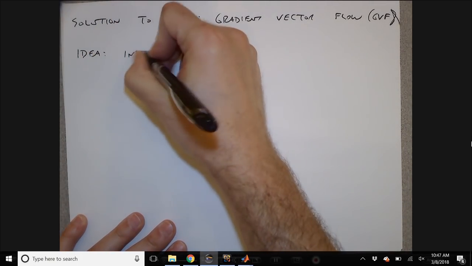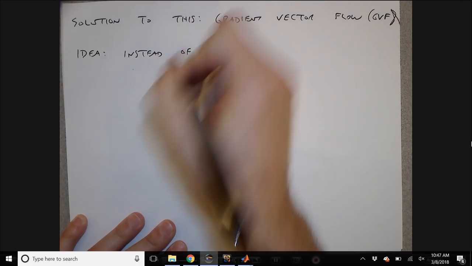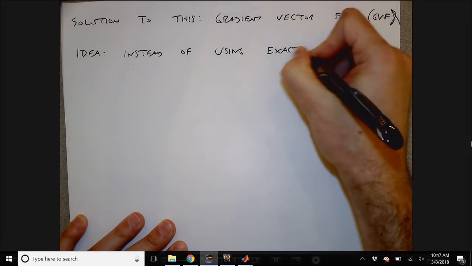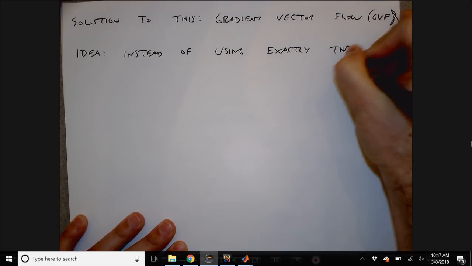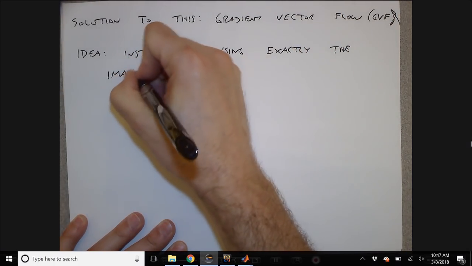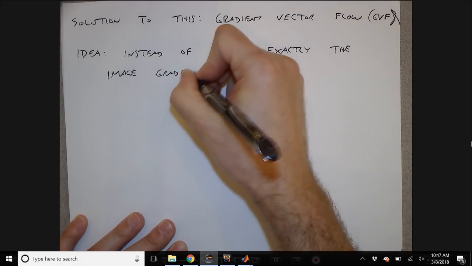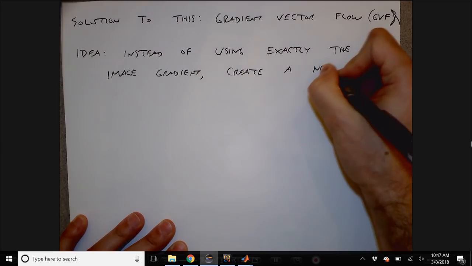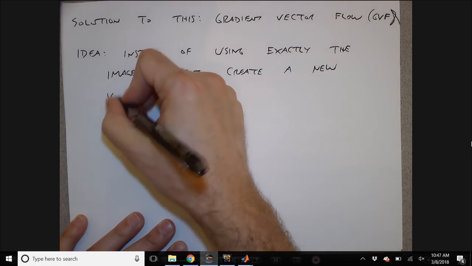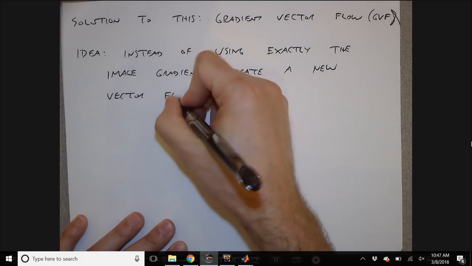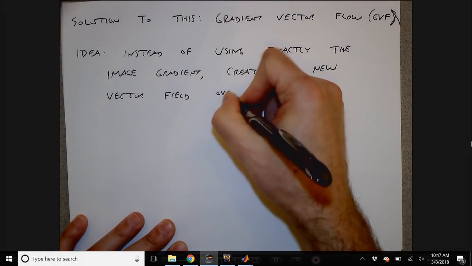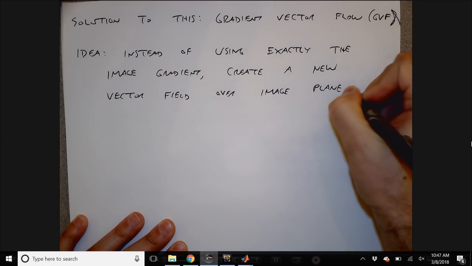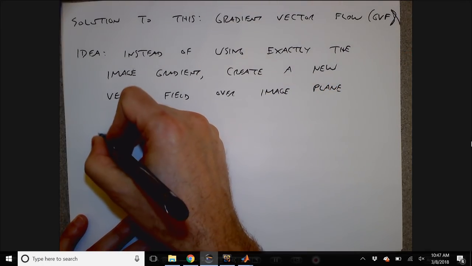So the idea is that instead of using exactly the image gradient, we create a new vector field over the image plane. Let's call it v of x, y.